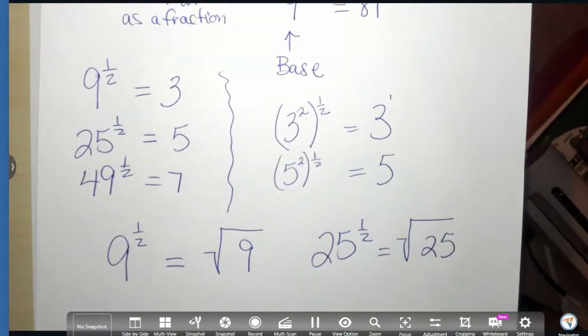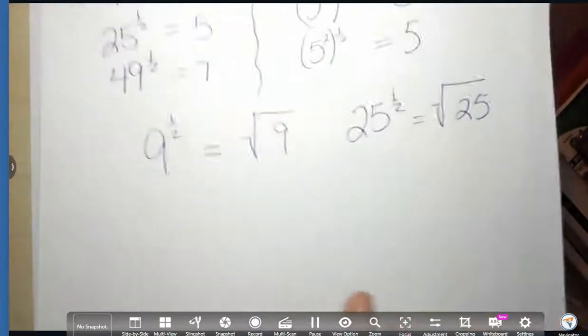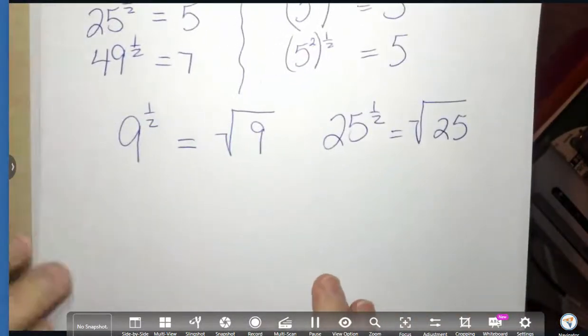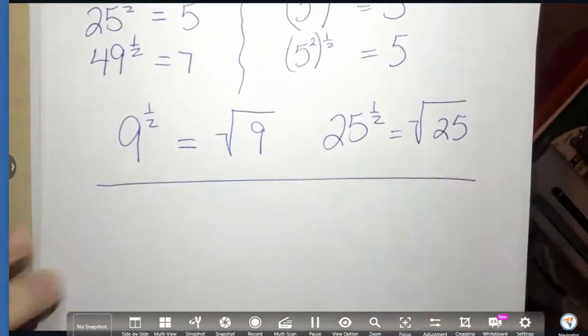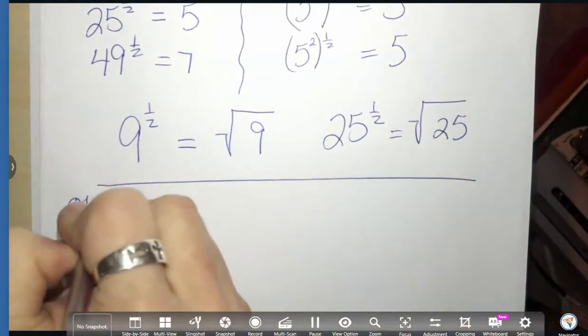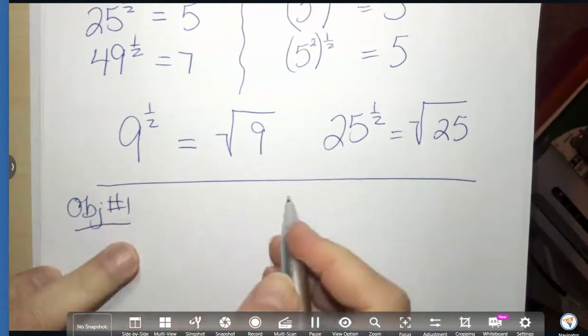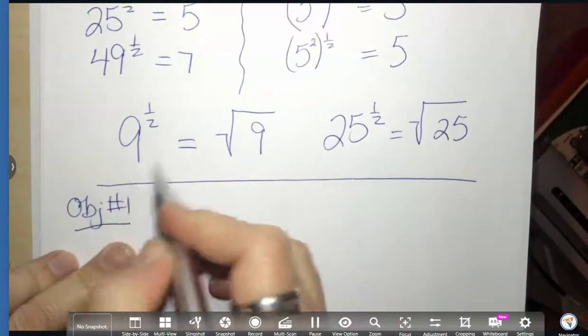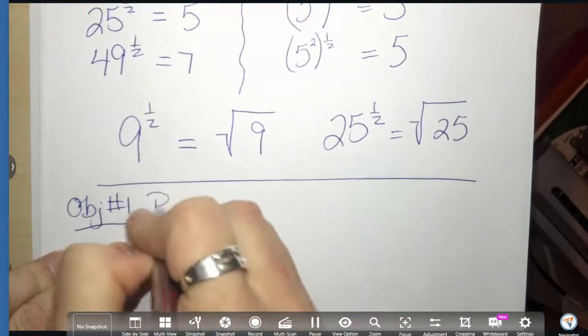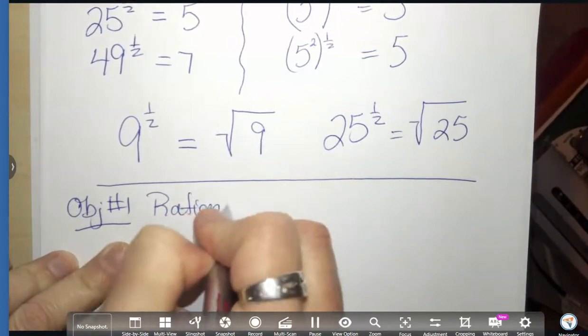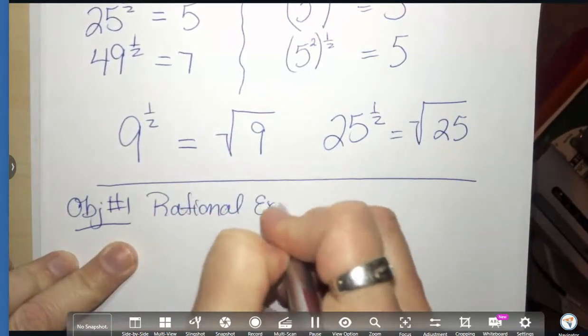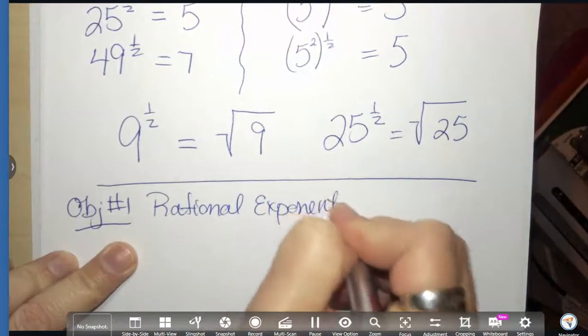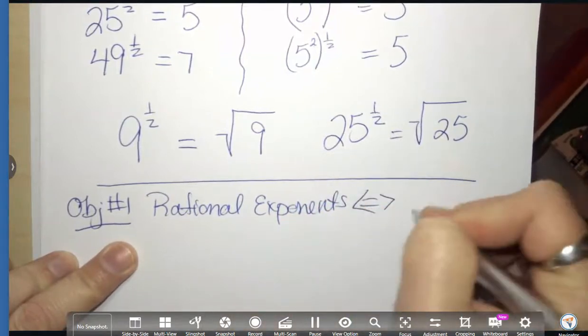So thinking about that, we're just going to kind of look at some examples. Our goal today, our objective number 1, is to basically change rational exponents to radical form and back.